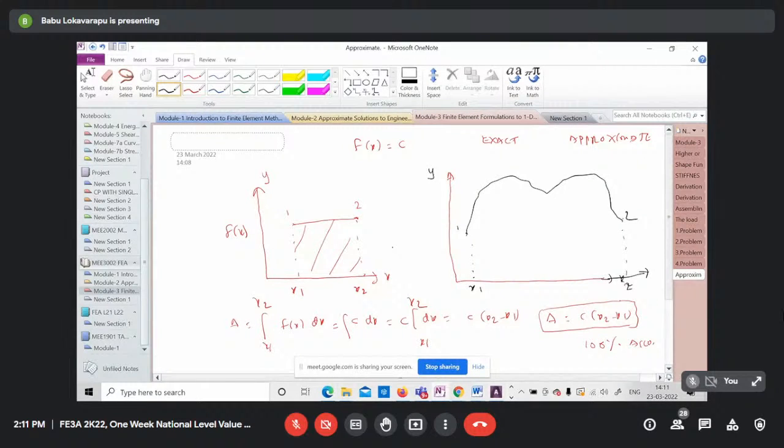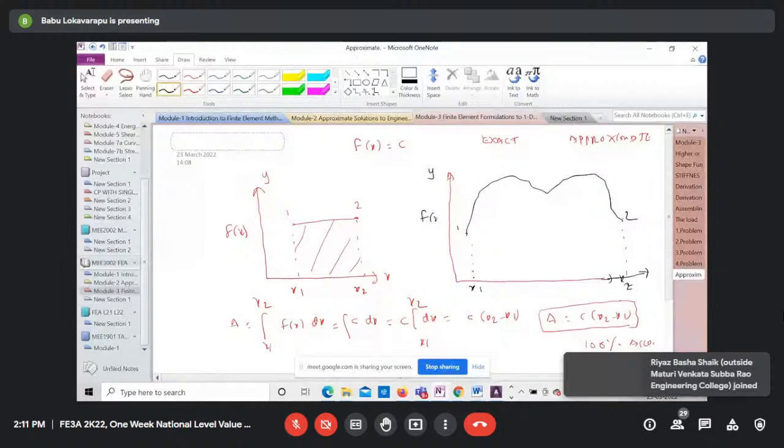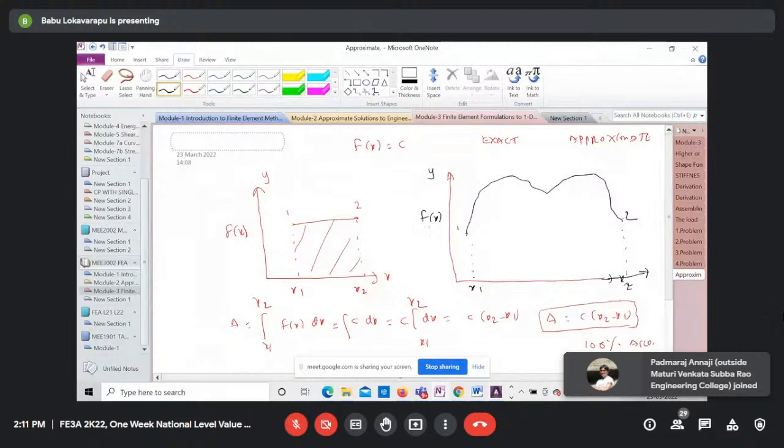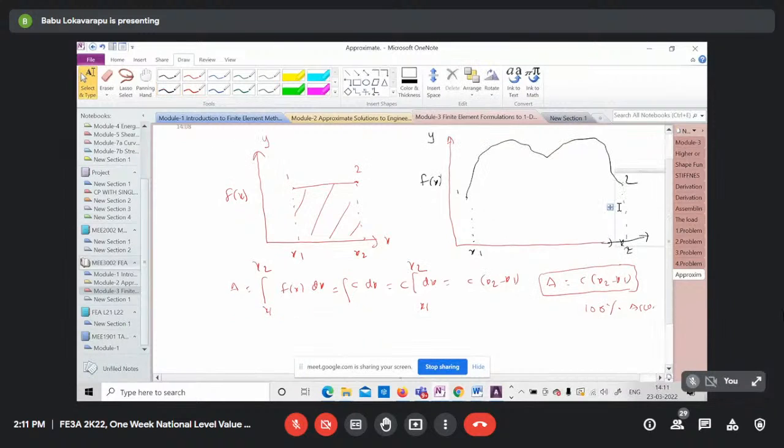How to find out the area under this curve? This is where we need to think differently, because this function f(x) is not simple. You cannot do the integration of this because the function is complicated. So how are we going to find the area under this? We don't have any direct approach because the function is complicated.